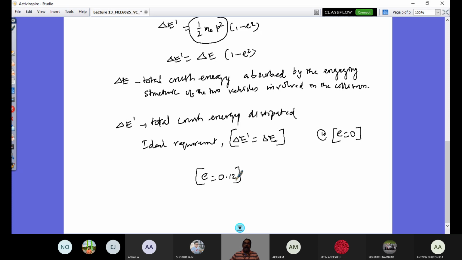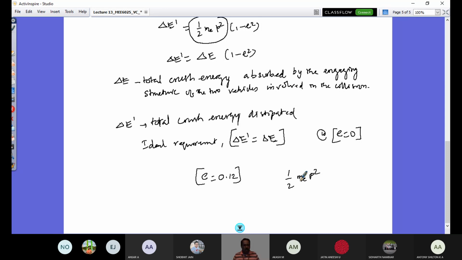So in the rigid barrier test, the circled half m e p square is the total energy absorbed by the structure, the same as the total crush energy in the full frontal rigid barrier impact test. This you have to understand.